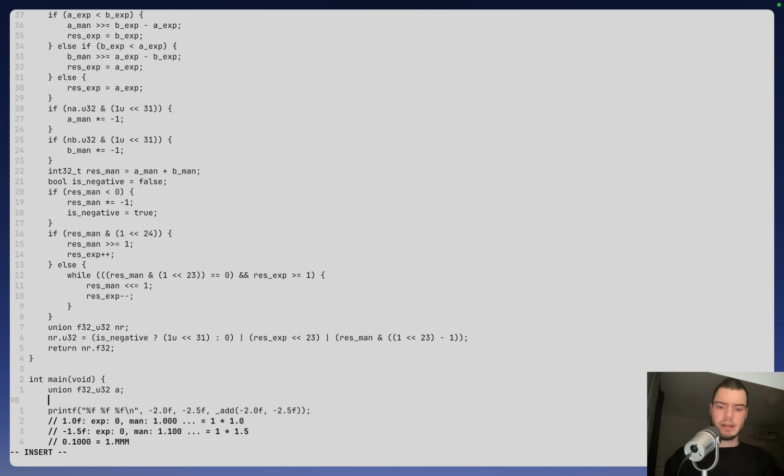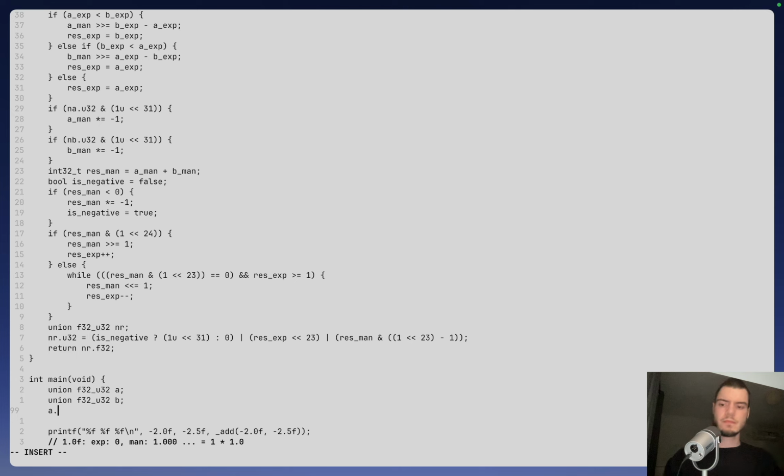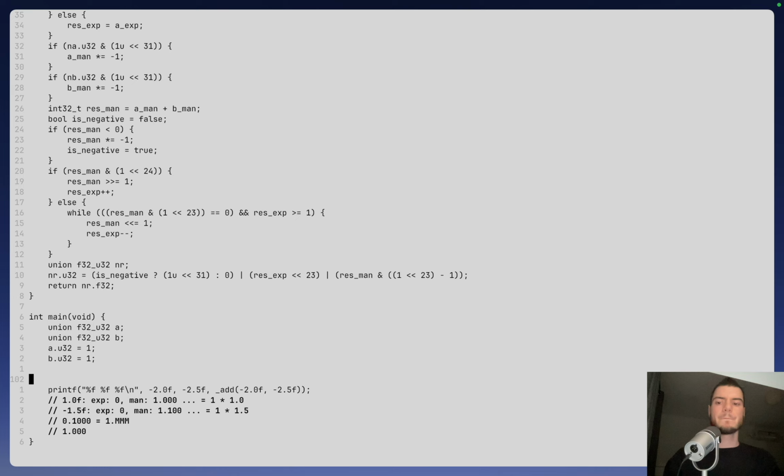Let's create a value A and let's create a value B. To the unsigned integer member of A, we're just going to assign the value 1. And to B, we're also going to assign 1.